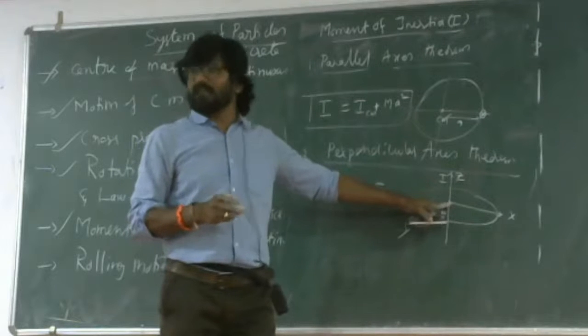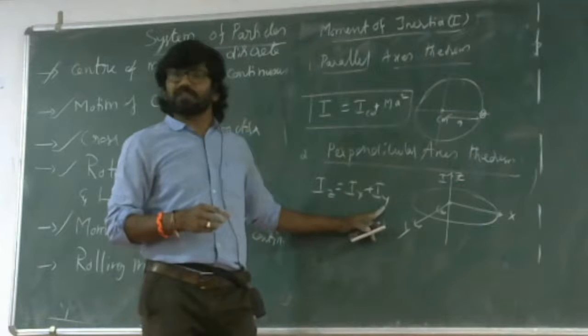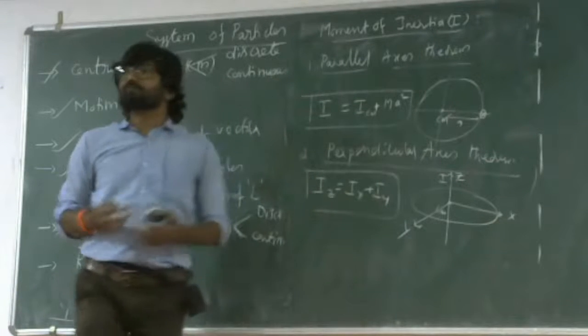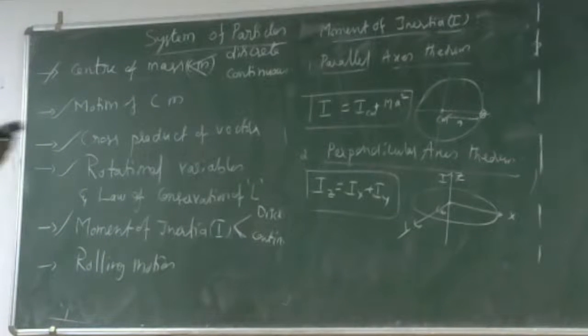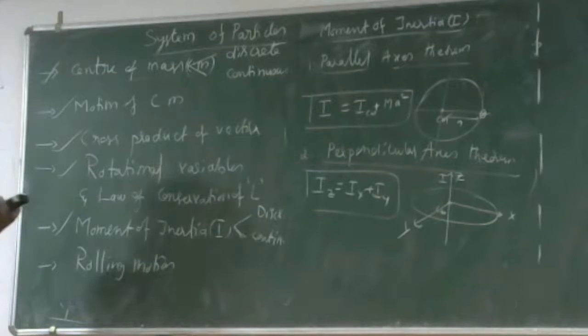Concurrent means having the same origin with this axis. This is Ix plus Iy. Is it clear, everyone? This is called the perpendicular axis theorem. We'll use this in some cases of finding moment of inertia. Okay, we'll look at examples afterwards.